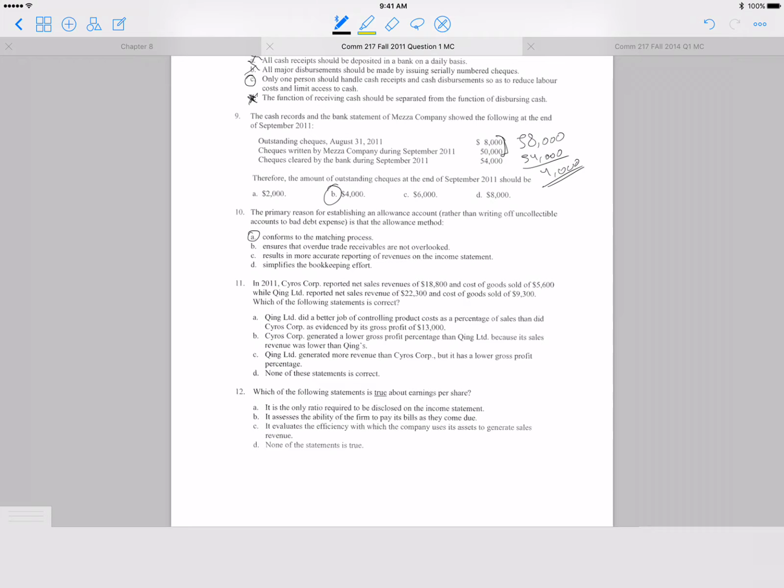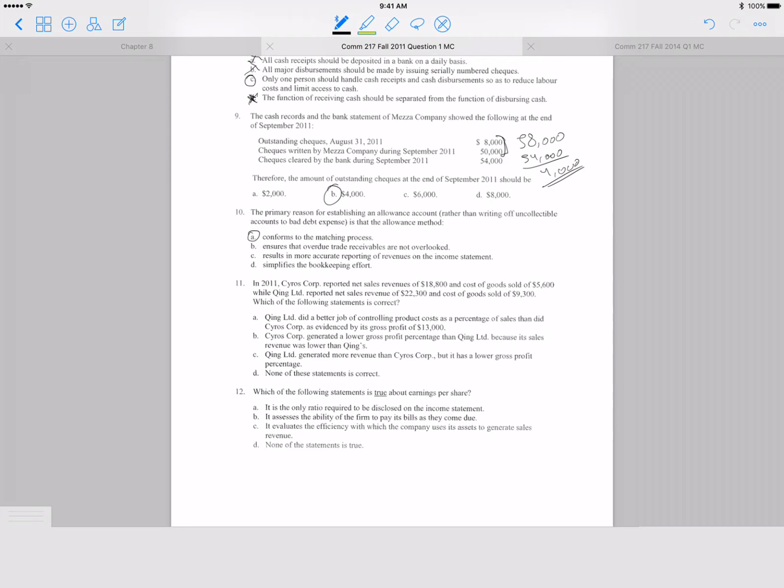So when the accounts receivable is gaining revenue, you also have to match the expense that could be incurred, which is the amount of money that you might not even receive. So this helps give a good representation of the amount of money you'll actually be earning. So it does conform to the matching process.